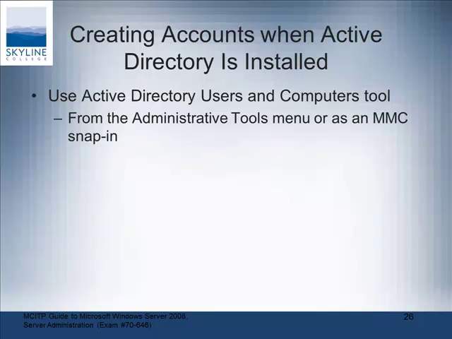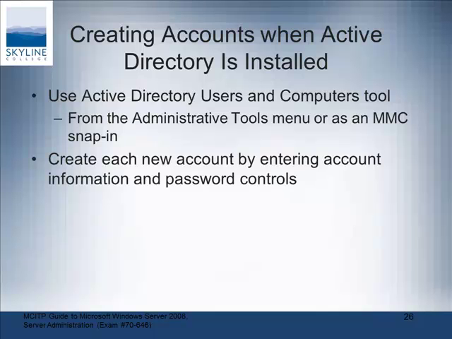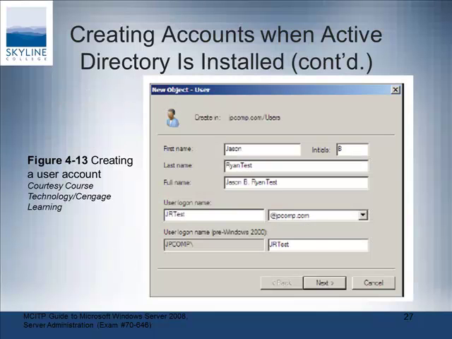Right-click on the domain to create OUs, right-click on the OU to create new users and new groups. Users and groups looks a little bit different, and one of the things, please note, look at the properties of a user before you install Active Directory, the things that can be configured, and look at the properties of a user after you install Active Directory, the things that can be configured.